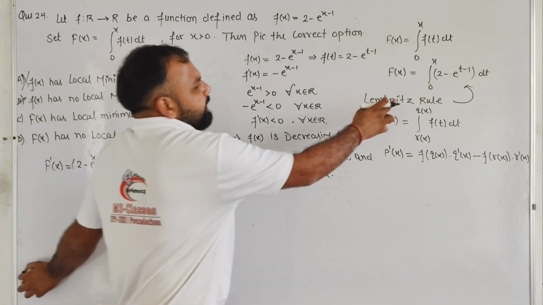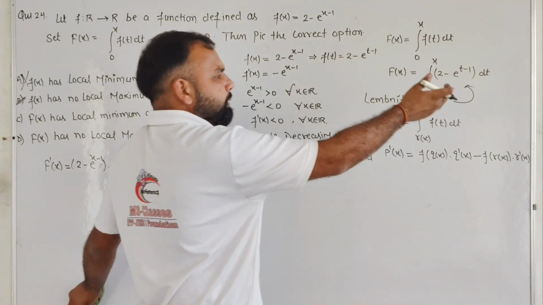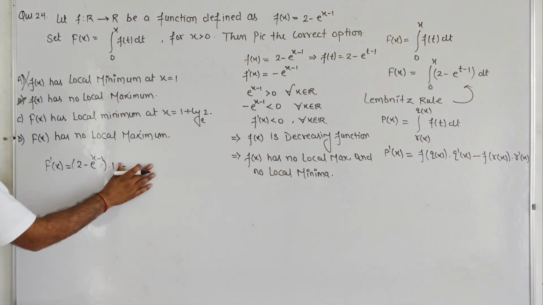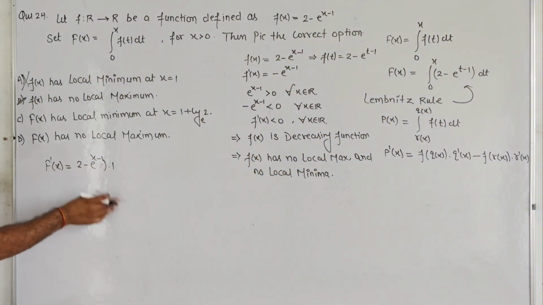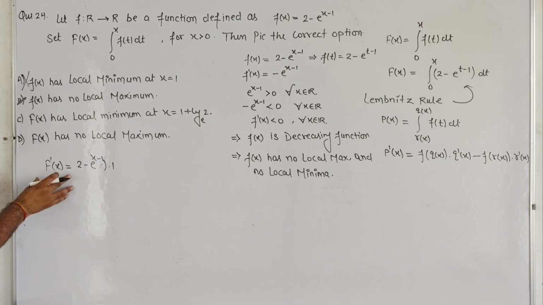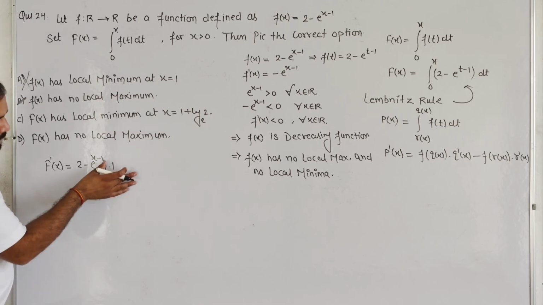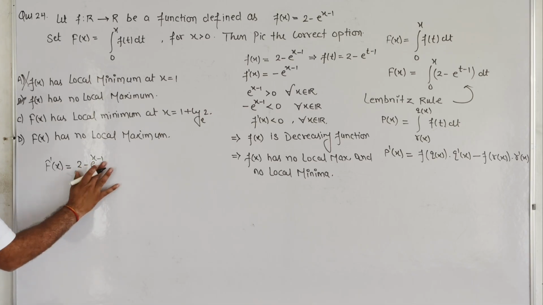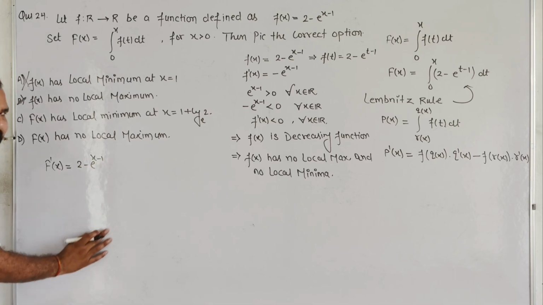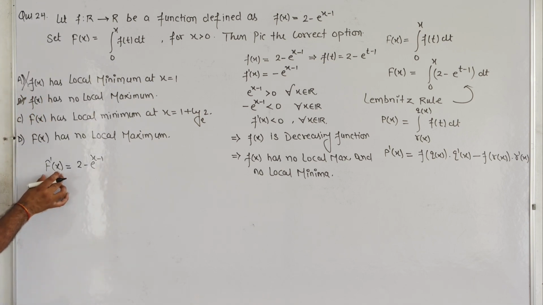Minus, if you take the derivative of the lower limit, it basically becomes 0, so it is not required to calculate that. So our capital F dash x is 2 minus e to the power x minus 1, multiplied by 1, which we don't need to write.